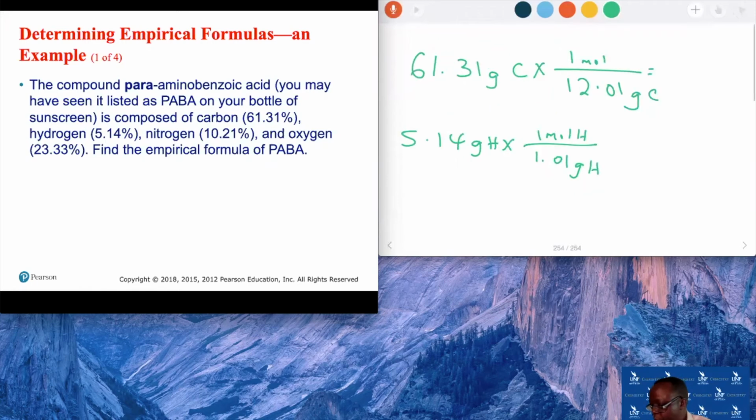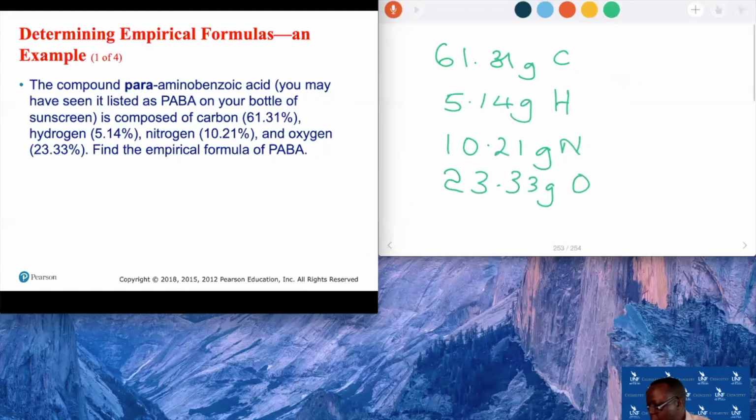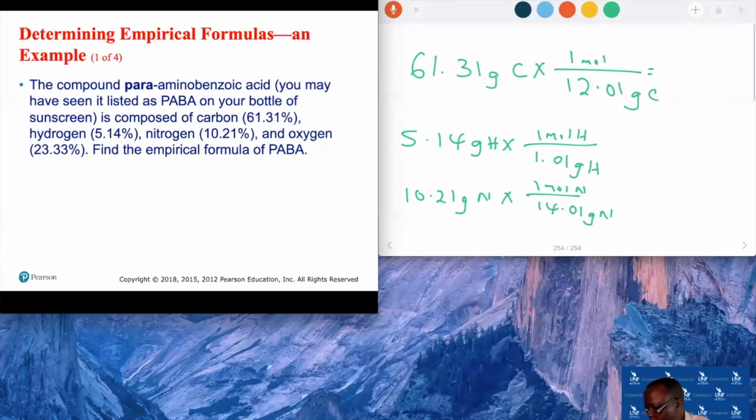10.21, sorry, 10.21 grams of nitrogen times 1 mole of nitrogen over 14.01 grams of nitrogen. And lastly, oxygen, this is 23.33 grams of oxygen times 1 mole over 16.00.